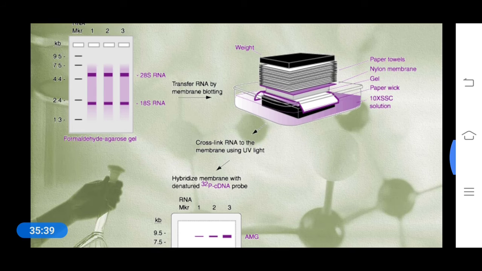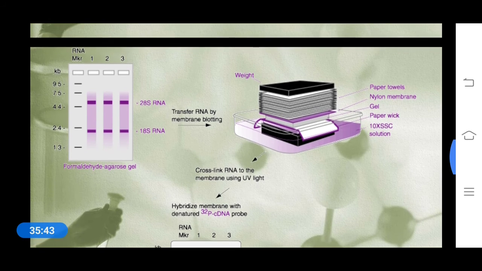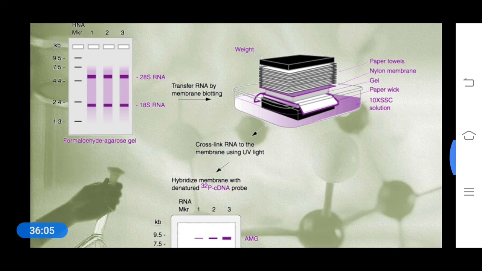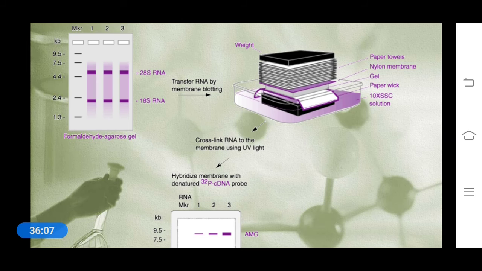In the arrangement here, first the RNA is separated, treated with restriction nucleases, and the fragments are run on agarose gel electrophoresis. Then the RNA is transferred to the membrane through blotting, and cross-linking is carried out using UV light.